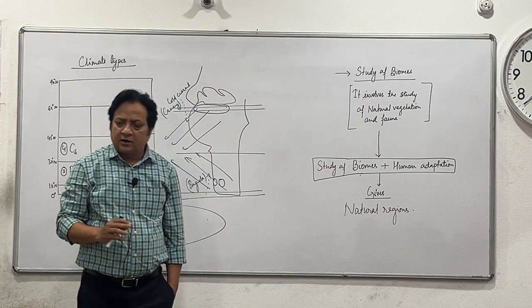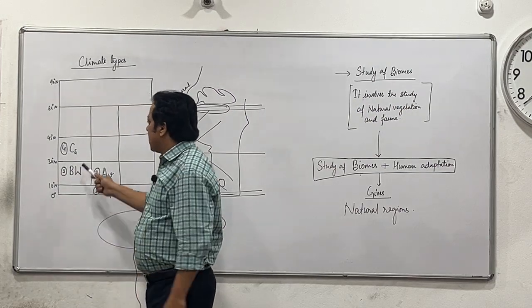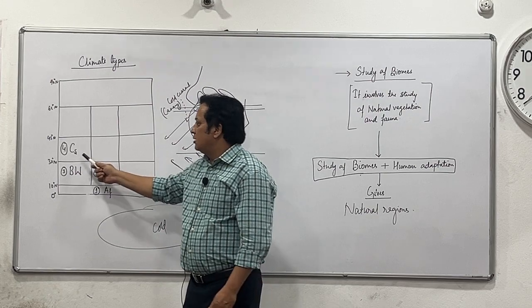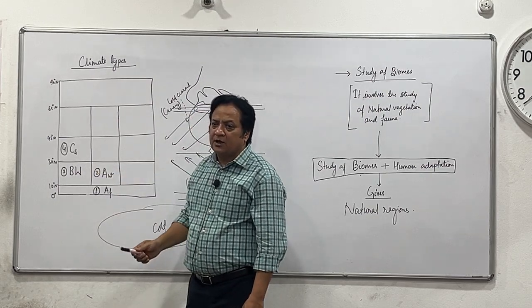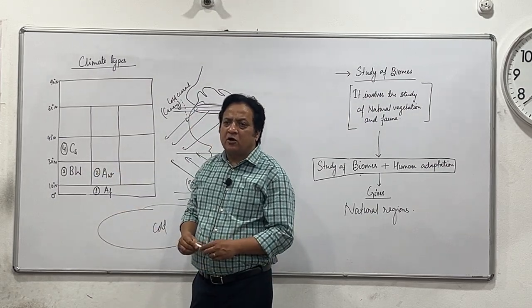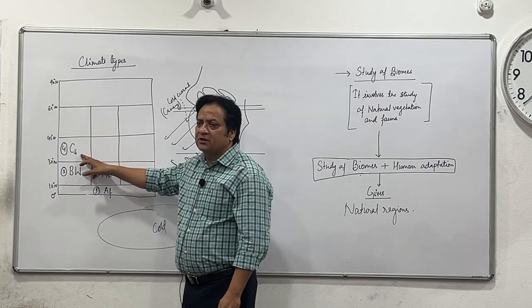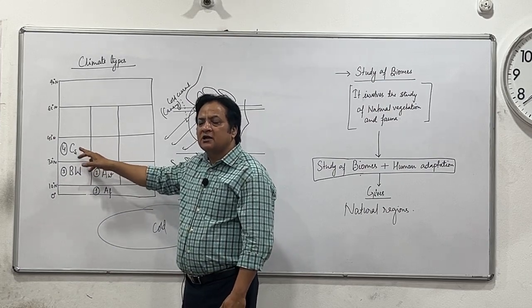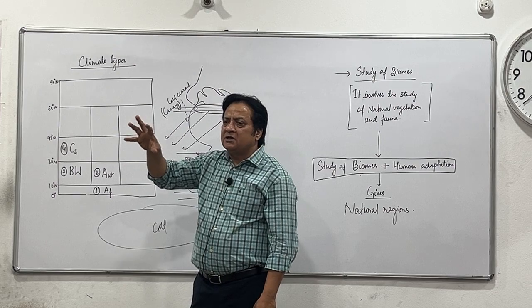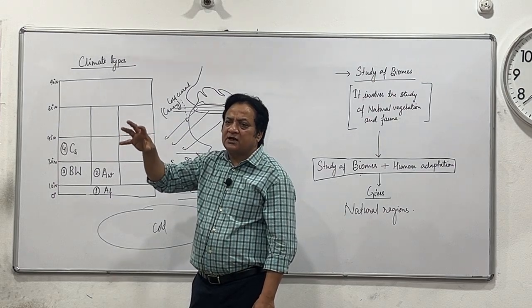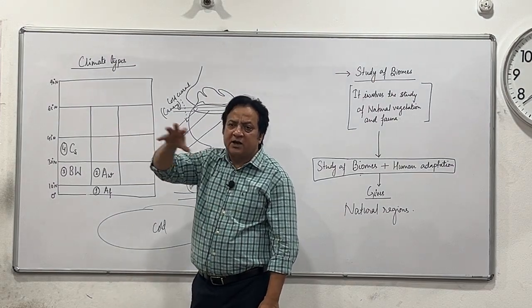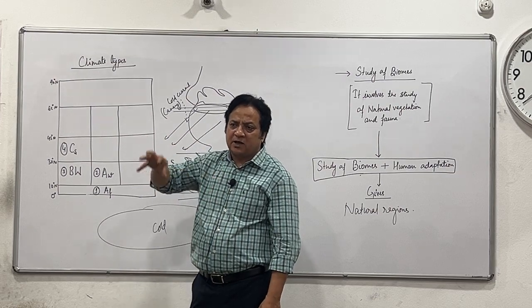Okay, clear? Now the last one we are going to see is your Mediterranean type of climate. Okay, Mediterranean type of climate, or it is also called warm temperate western margin climate, which is having its dominant region or core region lying around the Mediterranean sea bed. So Mediterranean sea है उसके आसपास.